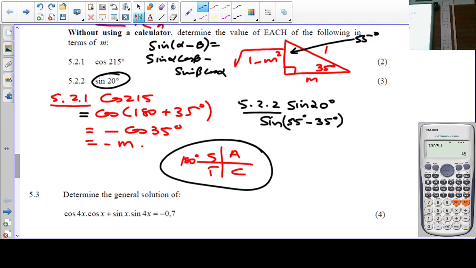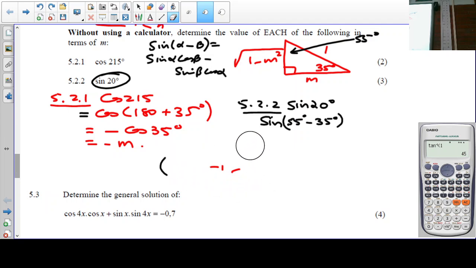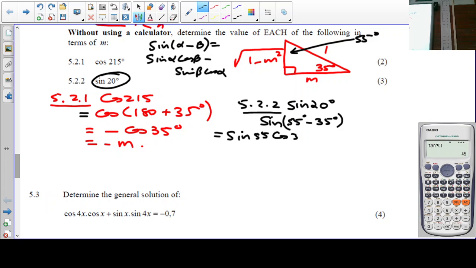That's your compound formula. So that gives us sine 55 cos 35 minus cos 55 sine 35. Not so?